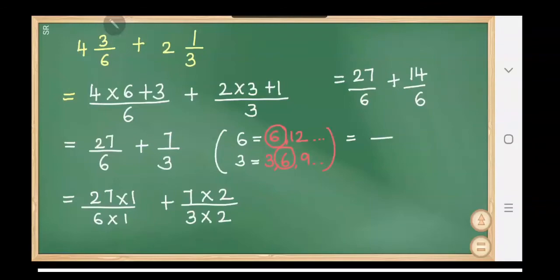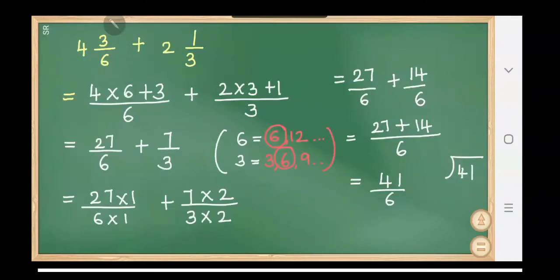So I have got like fractions. So the common denominator is 6. So I'll add 27 plus 14 upon 6. So it gives me 41 upon 6. Now again change it into a mixed fraction.